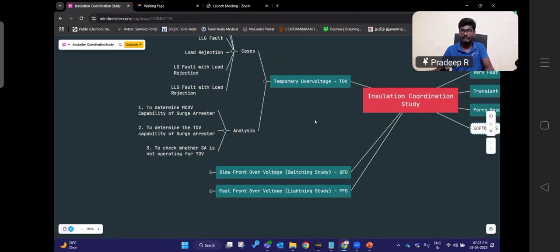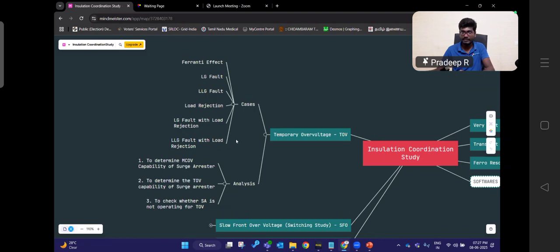So, coming to the conclusion on TOV, the magnitude of the voltage during these events will not be that much higher, and it will not last for a long time.